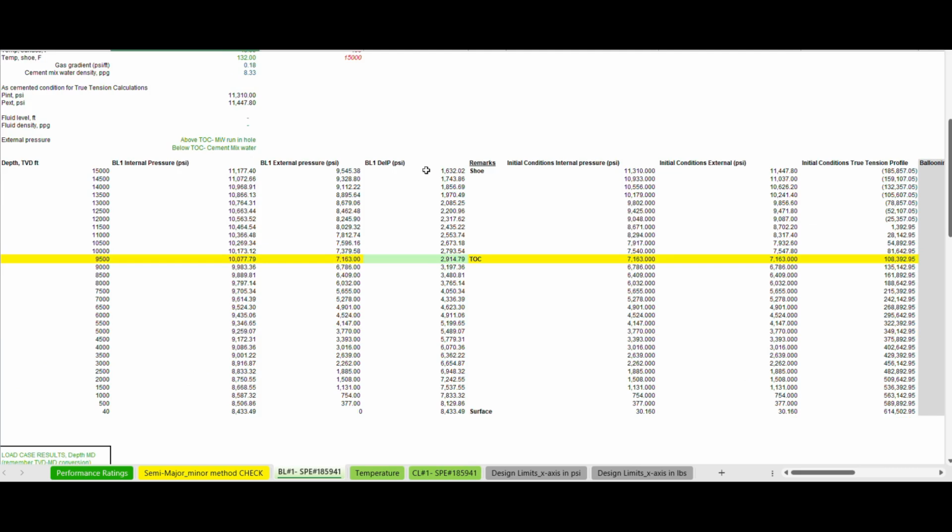All right, so you could easily calculate the delta P from internal to external at every TVD, and I put some remarks here. That's the shoe, that's top of cement, and that's at the surface.